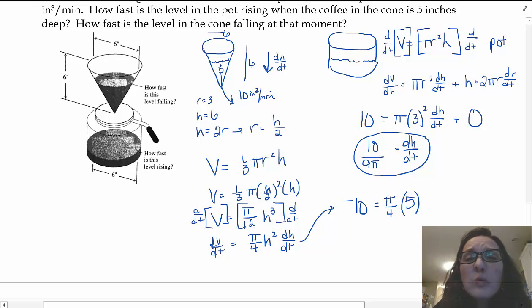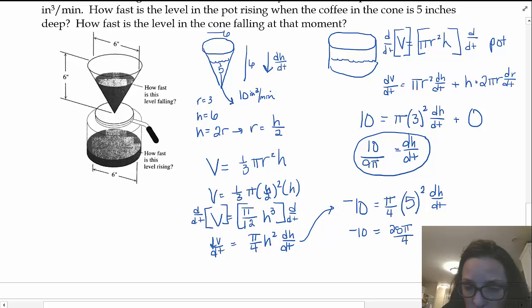I'm dealing with the conical shape of water in the filter. So the water has a height of 5. That's squared. Now I need dH dt here. So negative 10 equals 25 pi over 4 dH dt, which means dH dt is negative 40 over 25 pi.